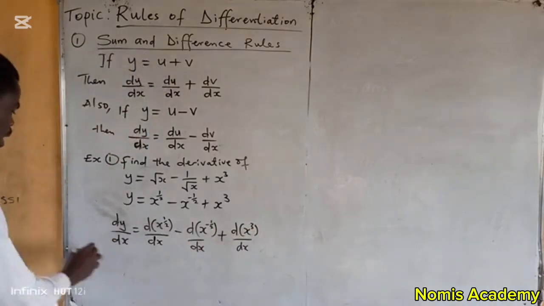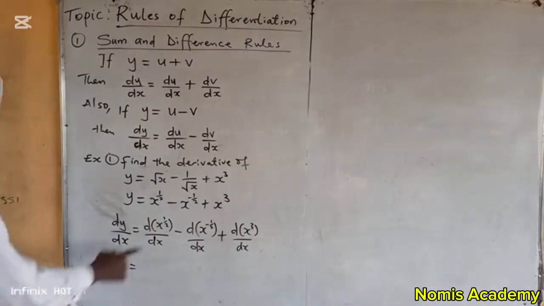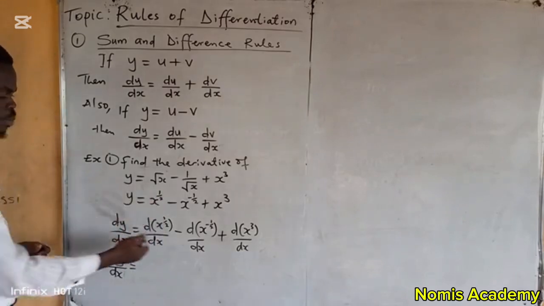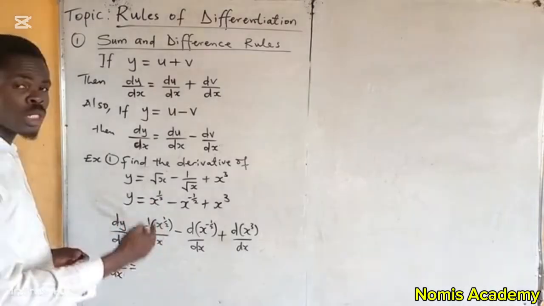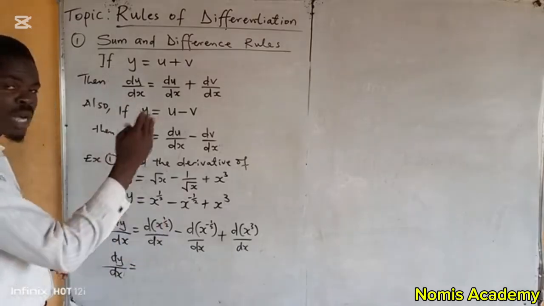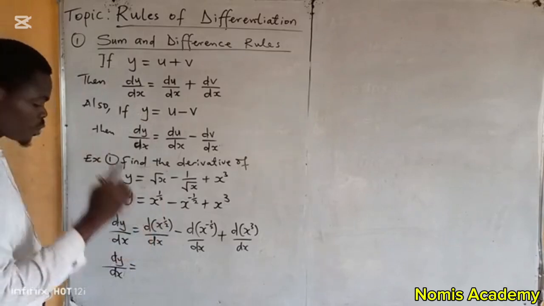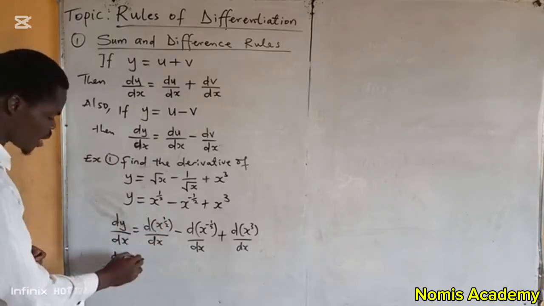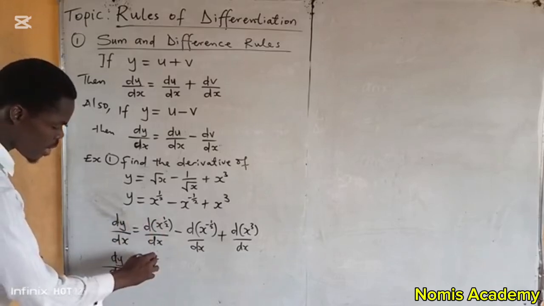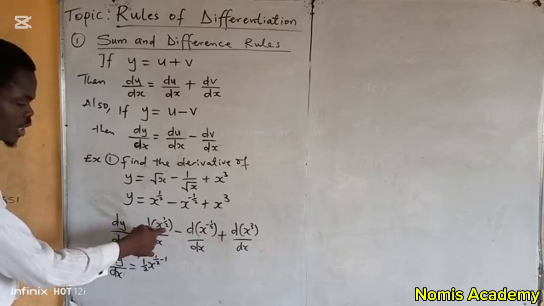To proceed further, you can remember that in the previous video, I explained how to find the derivative of a polynomial function. Half is the power of the expression and 1 is the coefficient. So 1 multiplied by half is half, x raised to the power of half minus 1. So we have differentiated this term.